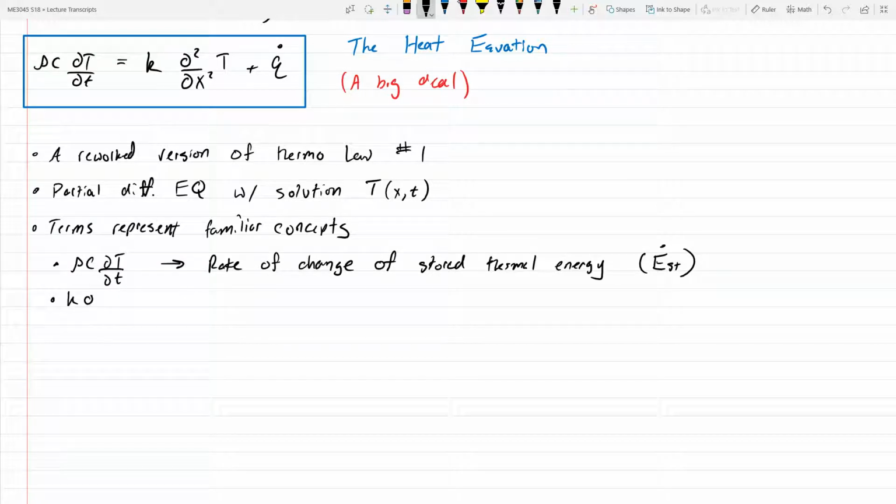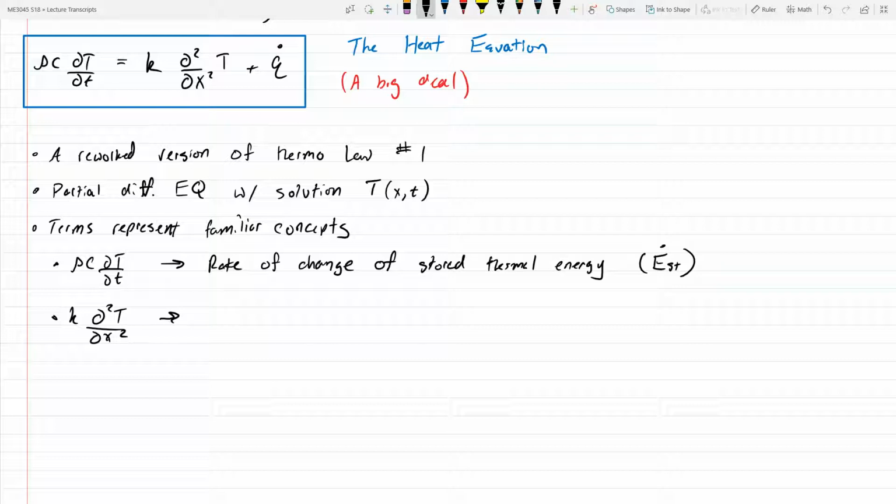This k d squared T dx squared is the net rate of heat transfer by conduction into our volume.